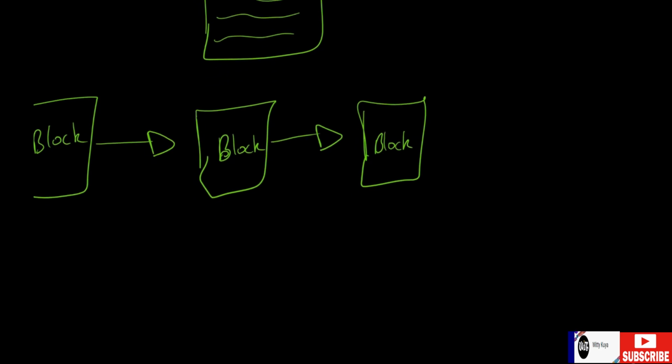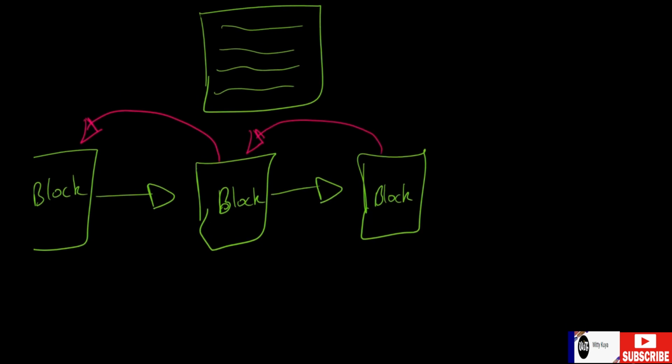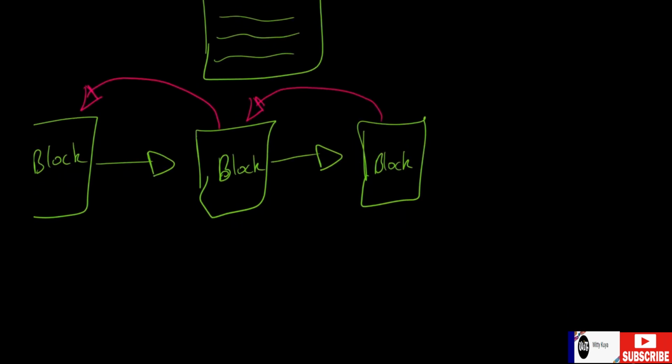And what you can do is go through the chain and see where all the transactions have come from, how they've arrived. So imagine we have a banknote, a conventional banknote that is for $10.